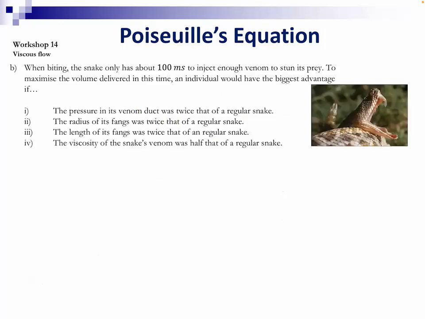And the second question in the workshop: when biting, the snake only has about 100 milliseconds to inject enough venom to stun its prey. To maximize the volume delivered in this time, an individual snake would have the biggest advantage if, and you're given 4 choices here, which of these will make the flow rate bigger, because flow rate equals how much is delivered per unit time.